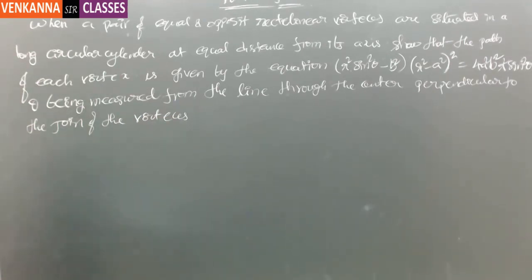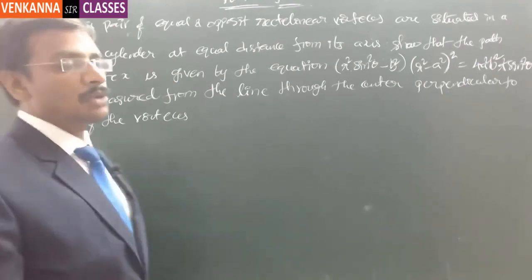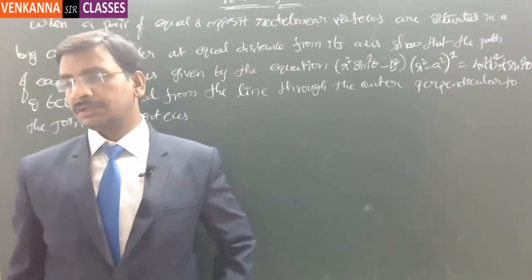So, this is the problem statement. Here b is a random constant. It's just a constant.